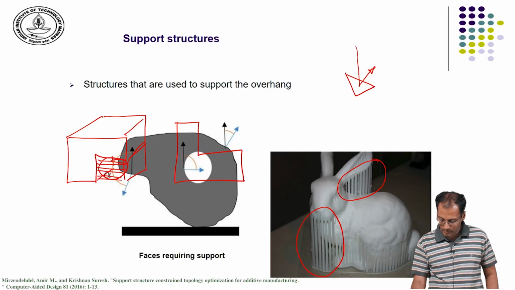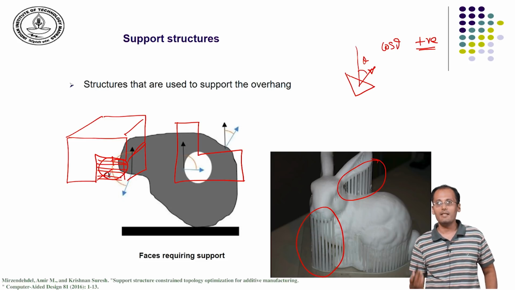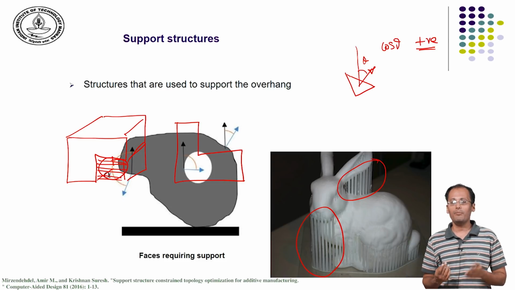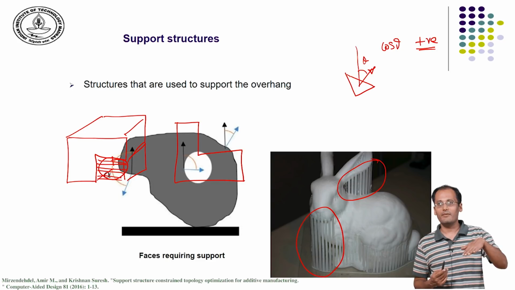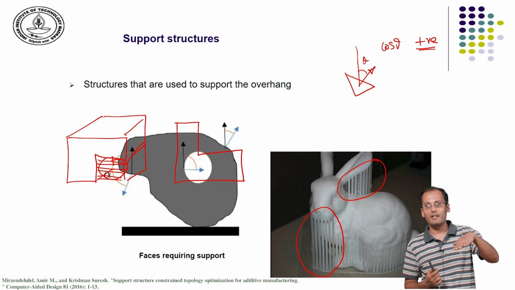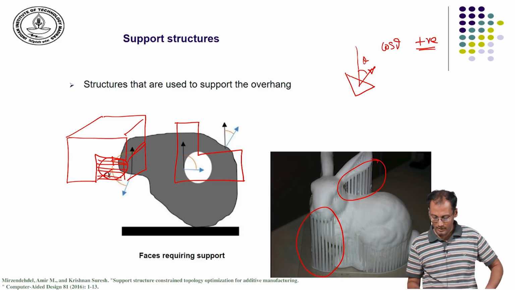So, if I have a triangle whose normal is facing upward, and this is the build direction, by taking the dot product of this normal with the build direction, that is estimating this angle theta or the cos theta. If this is positive, then this face is facing upward, and upward facing facets do not need support. Only the facets which are facing downwards need the support from the bottom.